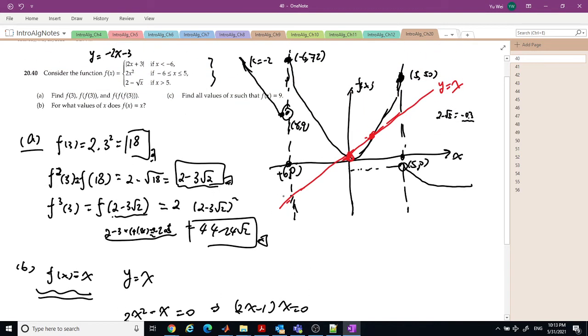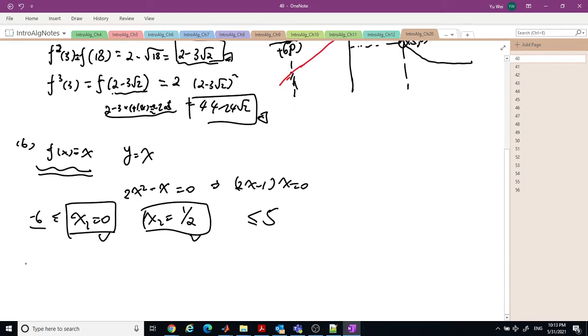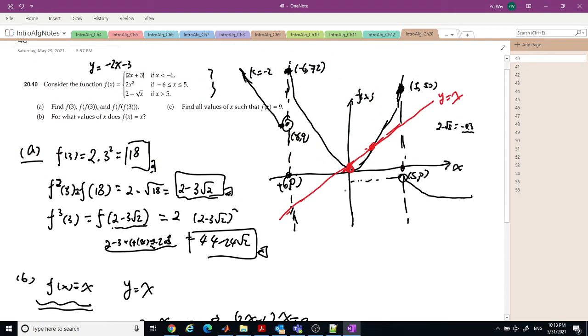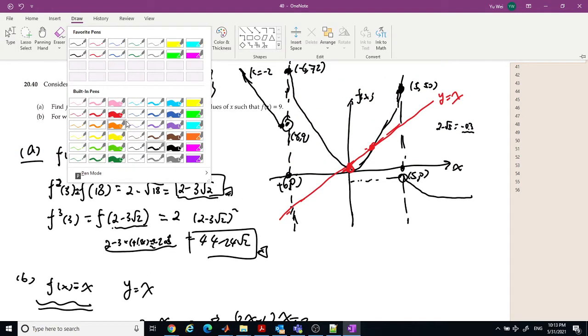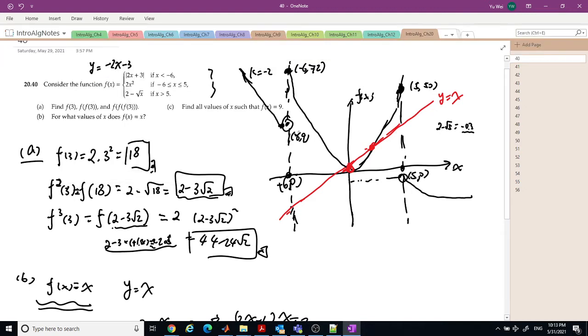What's C? C is to find the values such that f(x) equals 9. You can see that because the 9 here is exclusive, it's not this segment.